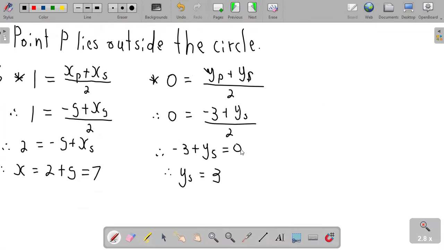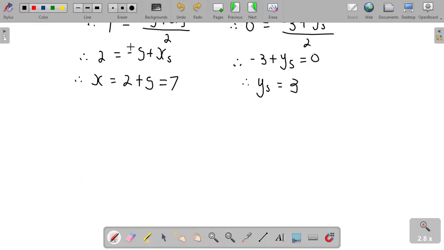So S is 7 and 3. These are the coordinates of S.